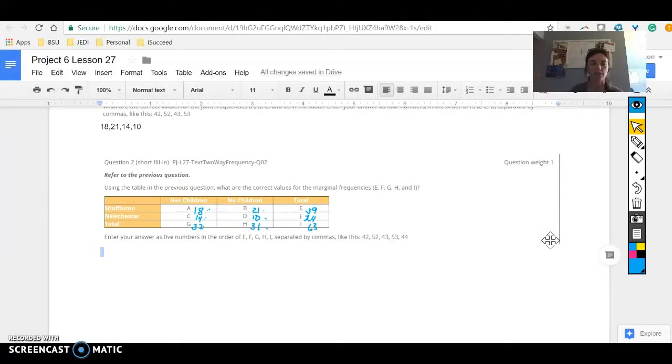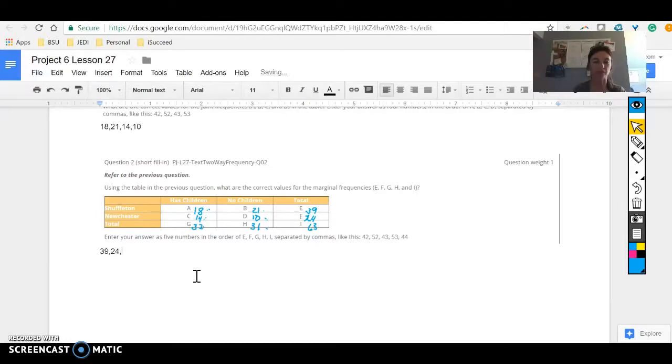Now, the second question asks us to enter in the marginal frequencies, which are E, F, G, H, and I, in that order. So let's just type those in, separated by commas but not spaces. So 39, comma, 24, which we've already decided how we got each of those. We're just adding up the rows to get 39 and 24.